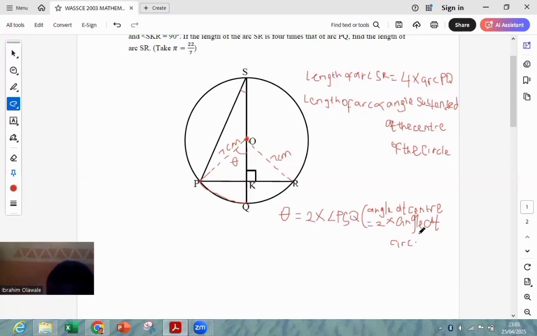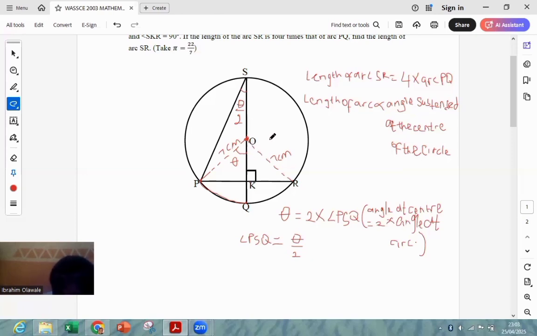Therefore angle PSQ will be theta divided by 2. So I will have this angle here to be theta divided by 2.